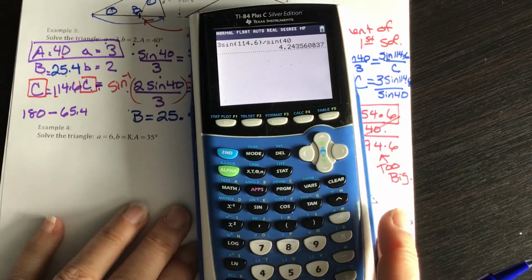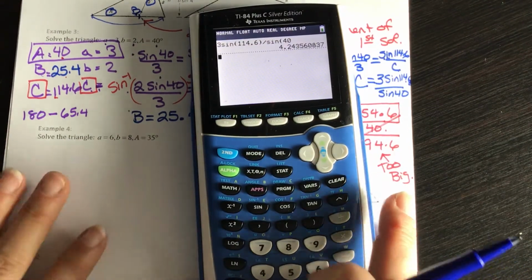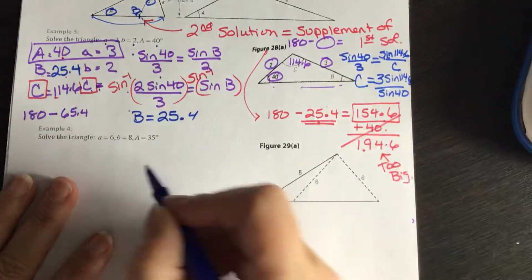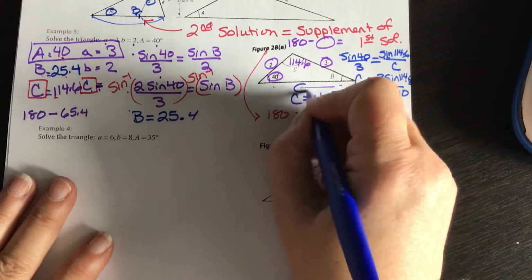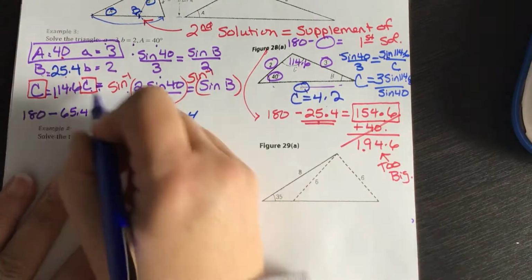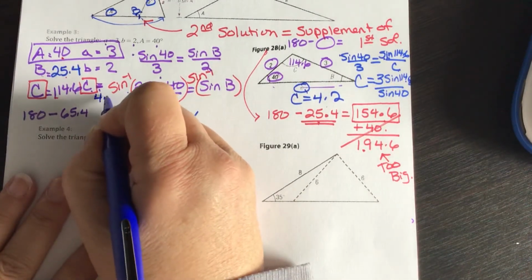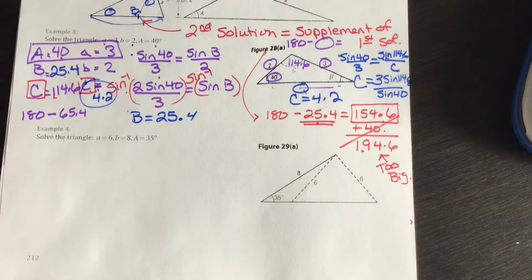And that would be 4.2. So that's the length of that side right here. And I can fill this in here too, 4.2 for side C.